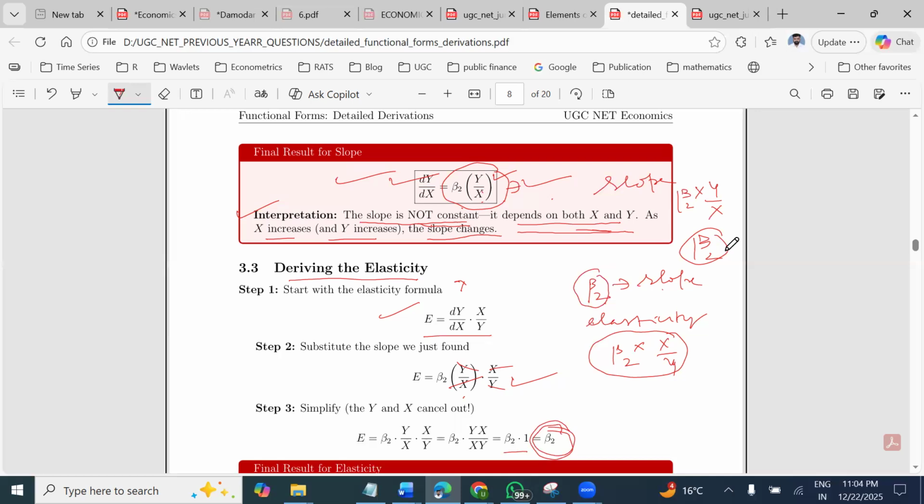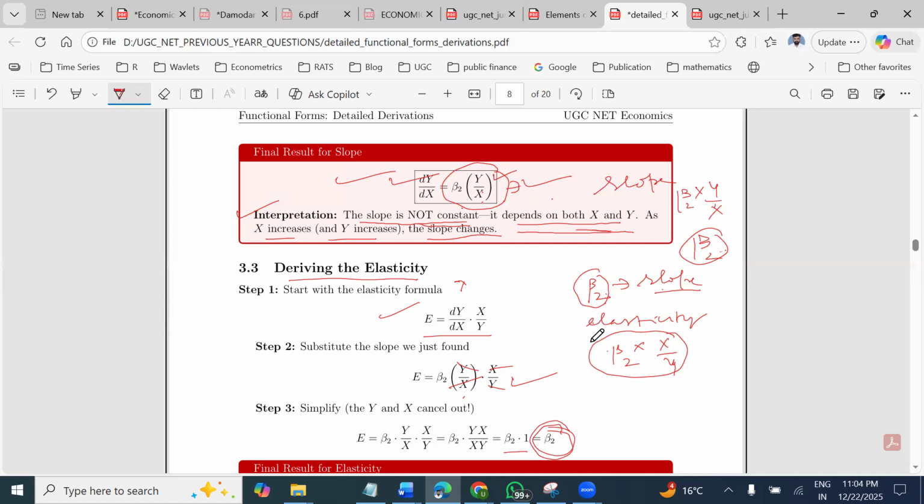In a log linear model or double log model, beta 2 is elasticity, right? But in a linear model, beta 2 refers to the slope only. And in a linear model, the elasticity is beta 2 times x upon y.